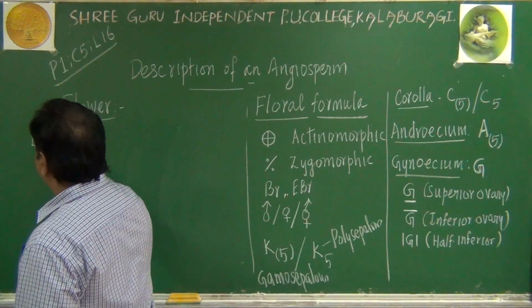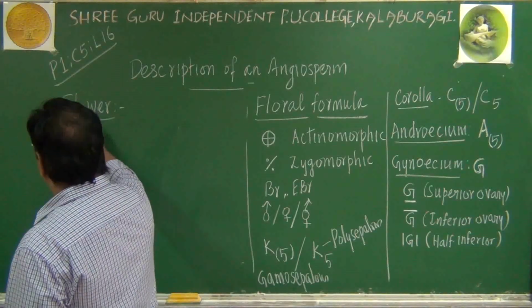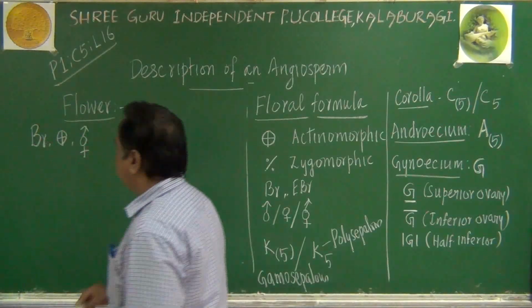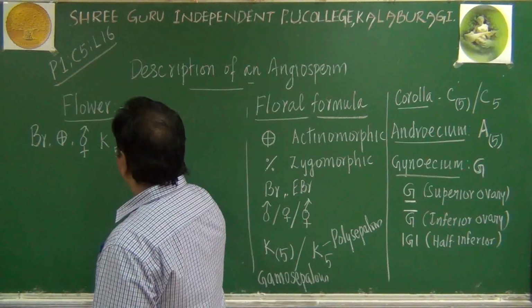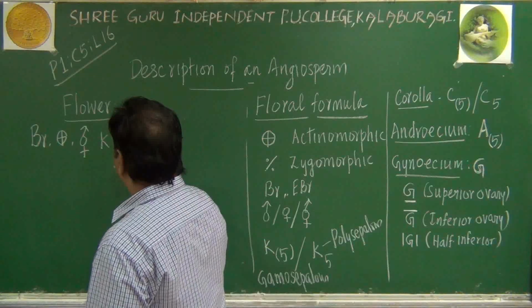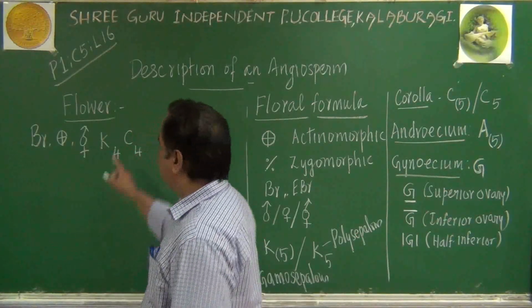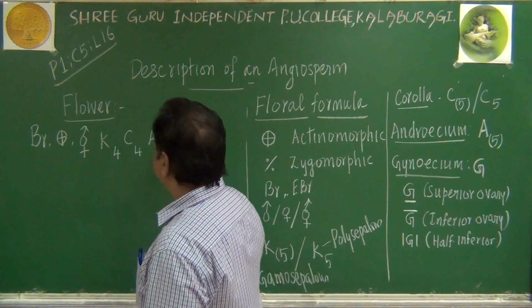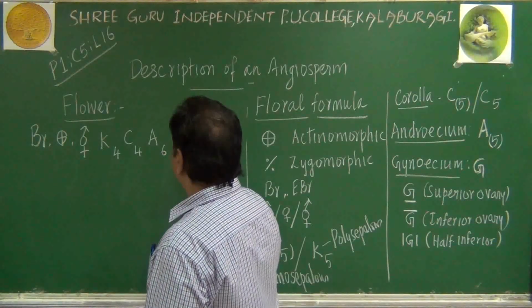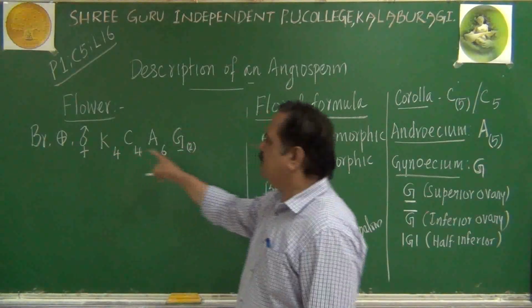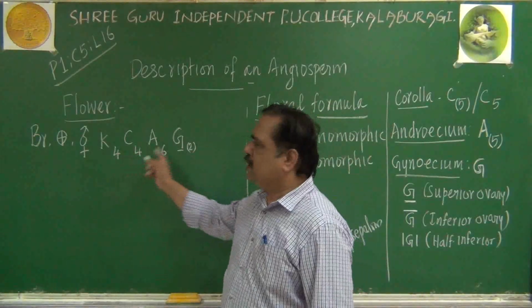Calyx 5, corolla, we can write 4 here, corolla 4 I can write, suppose androecium 6 I am writing. Imagine, I am giving you one example here. If I describe a flower with this formula, what does it indicate?